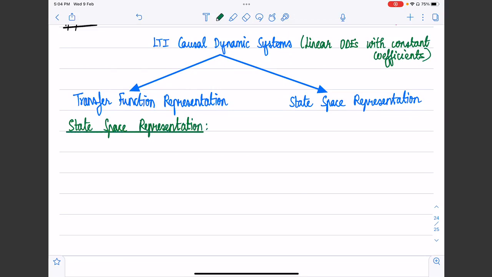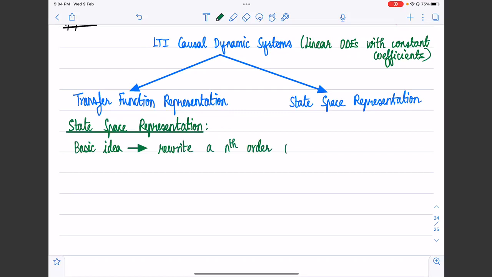But in the state space representation, we are going to stay in the time domain, and the basic idea behind the state space representation is to rewrite an nth order ODE as n first order ODEs.